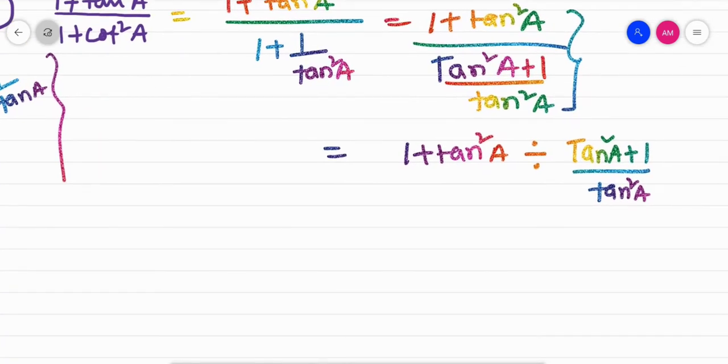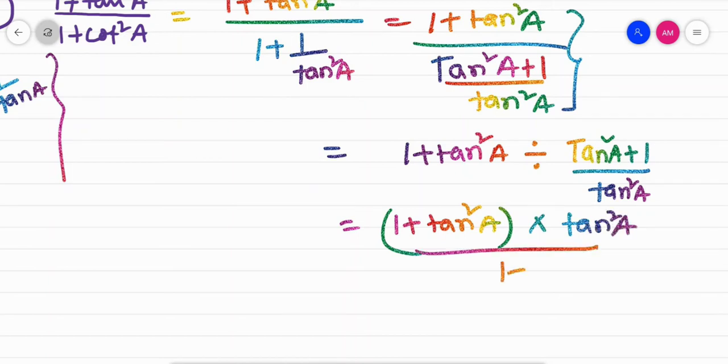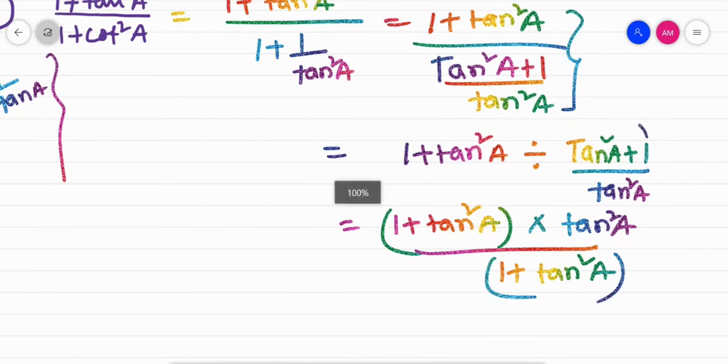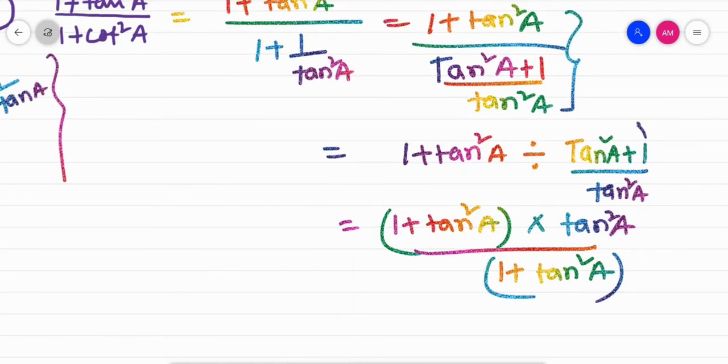Now this will become 1 plus tan square A multiplied by tan square A by 1 plus tan square A. Now see, 1 plus tan square A and 1 plus tan square A. This tan square A plus 1, I have written 1 plus tan square A. Nothing else. This particular thing has been reversed here.